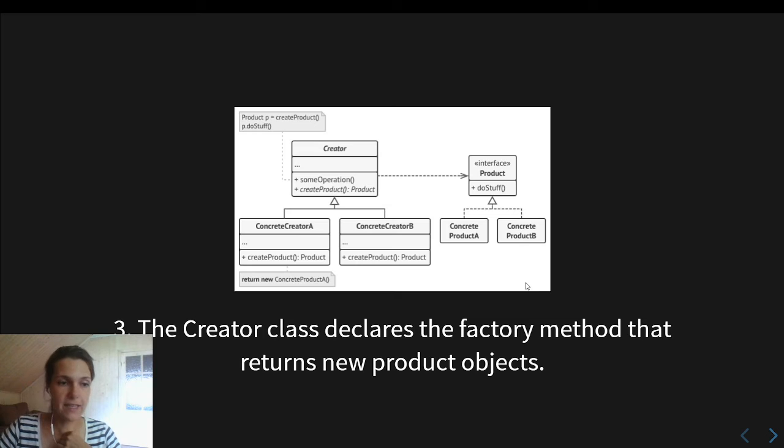We also have the creator class, which declares the factory method that returns new product objects, like create transport. It's important that the return type of this method matches the product interface.